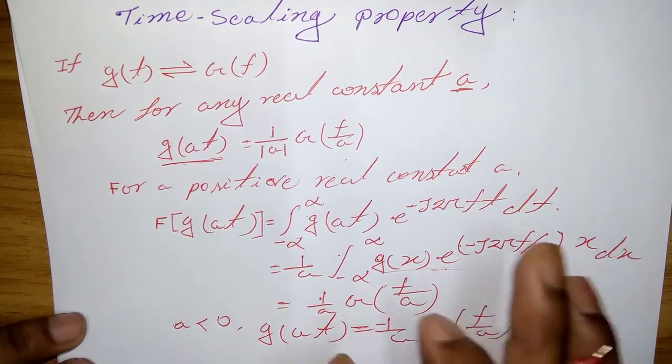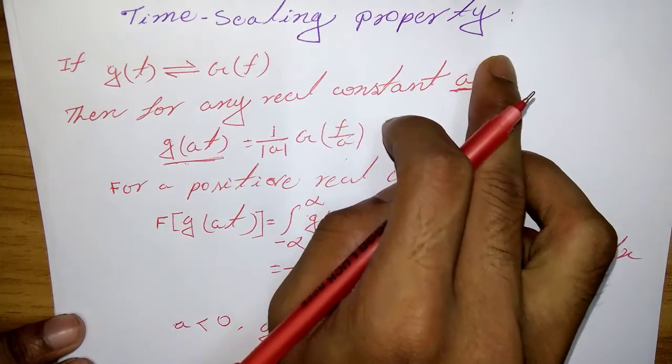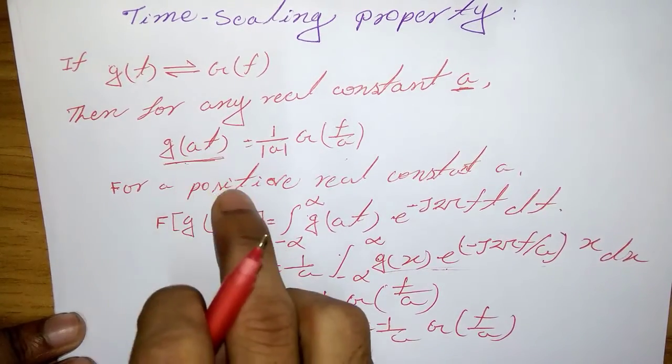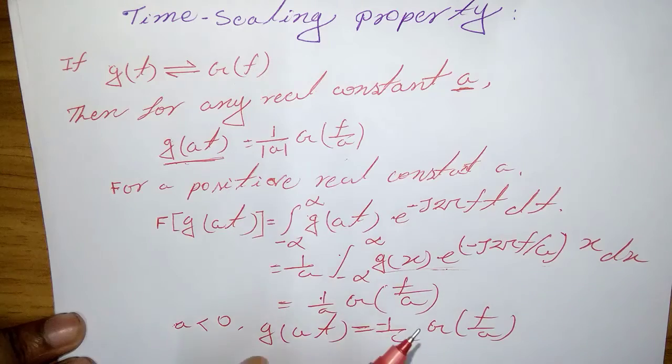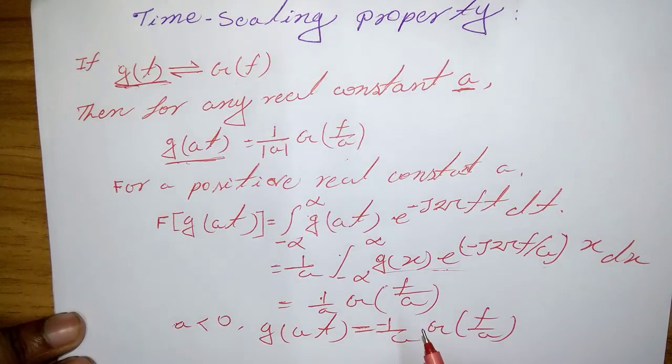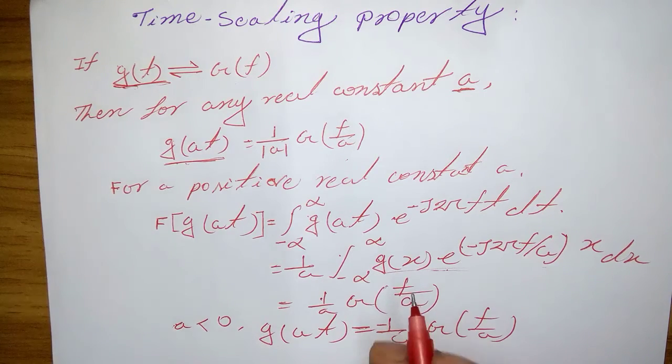Now I discuss the time scaling property's significance. The function g of at represents the function g of t compressed in time by a factor.